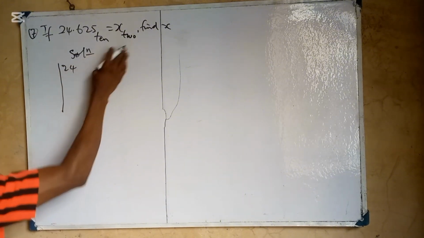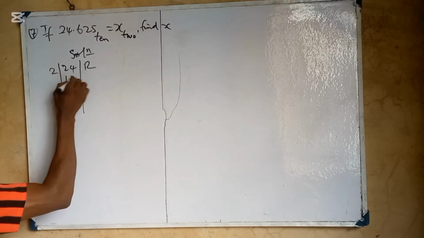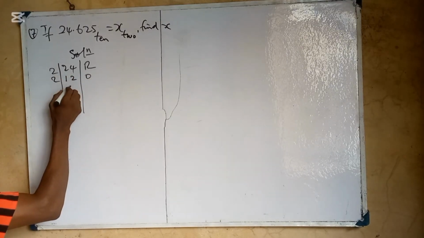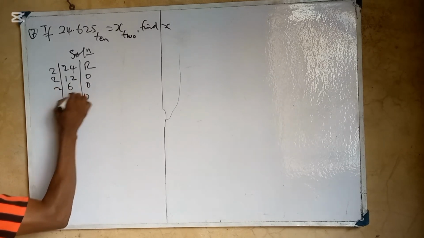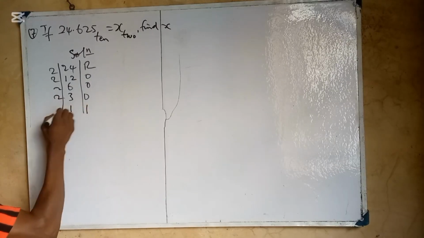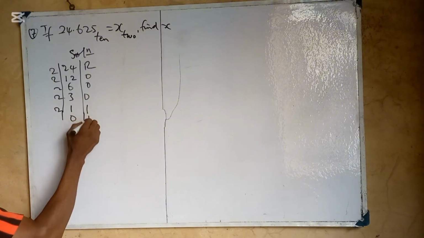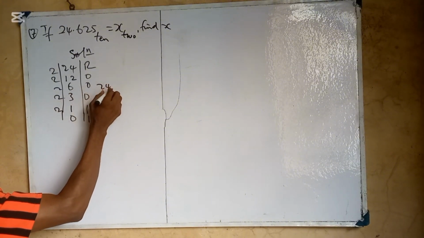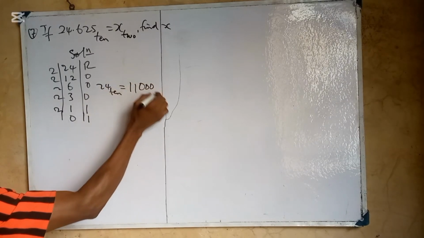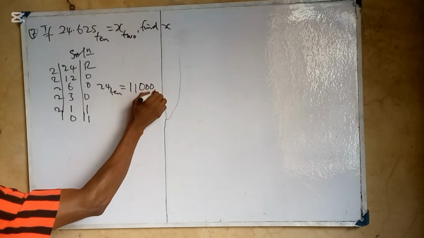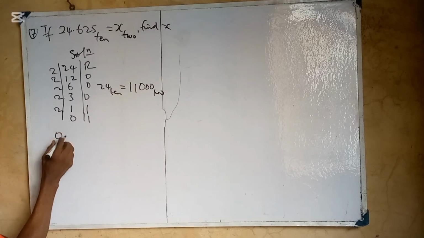Convert it to base 2 first, as we've been doing. 2 into 24, 12, no remainder. 2 into 12, 6, no remainder. 2 into 6, 3, no remainder. 2 into 3, 1 remainder 1. 2 into 1, 0 remainder 1. So 24 in base 10 to base 2 is 11000 in base 2, right? Then the fraction.